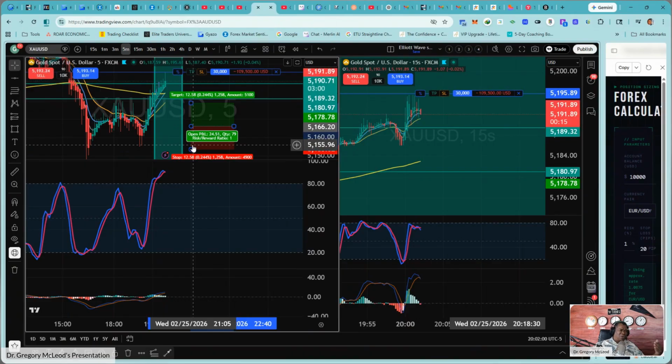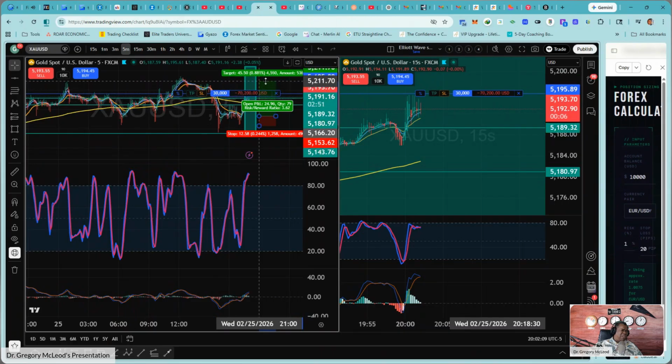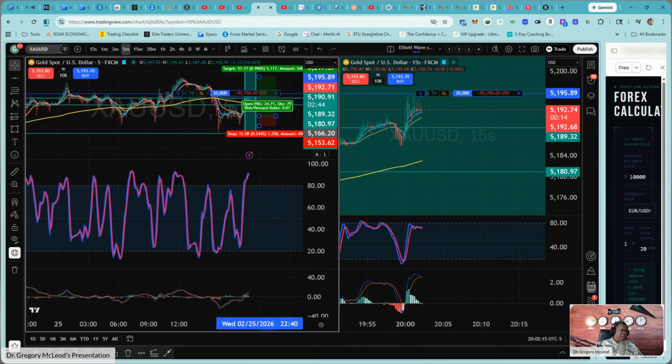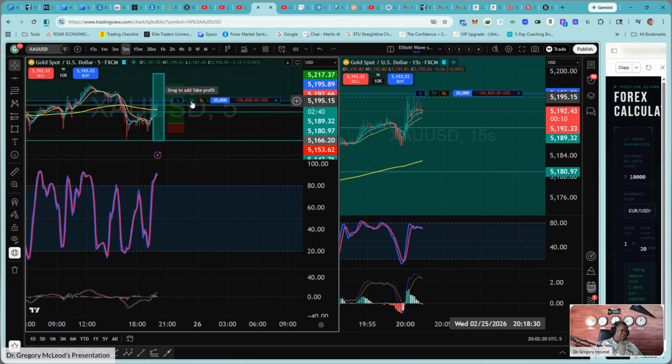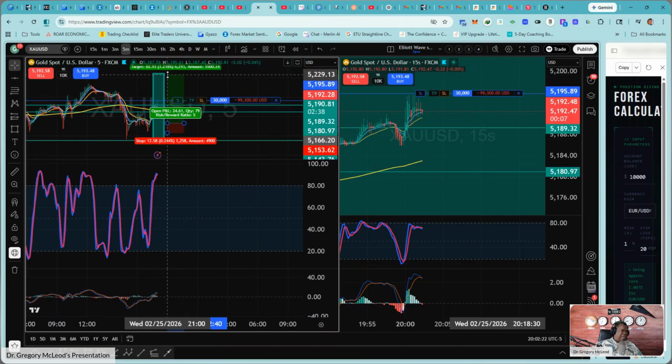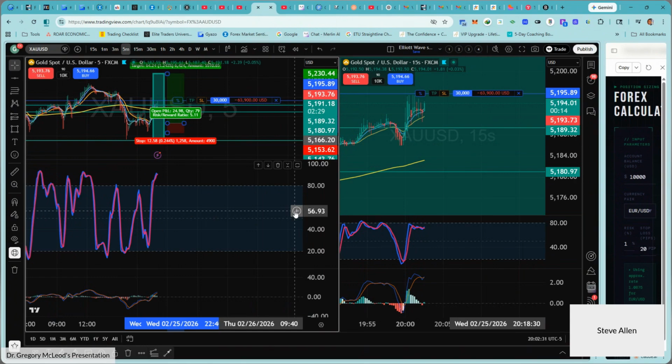So if you get back to the old high, you're looking at least a 4-to-1 risk to reward ratio. But if you go to the height of the actual gap, well then that makes it 5.1 to 1.